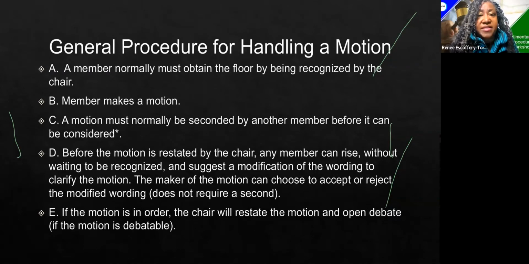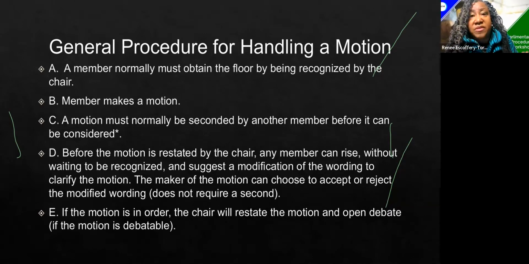You don't have to be recognized. You can just second the motion. Now, there are other kinds of situations too, especially in virtual meetings, where a second isn't required. So, it depends on what you are doing. But normally, you have to second the motion. Once the motion has been made and seconded, then the presiding officer will say, it has been moved and seconded that, and then they repeat the motion.